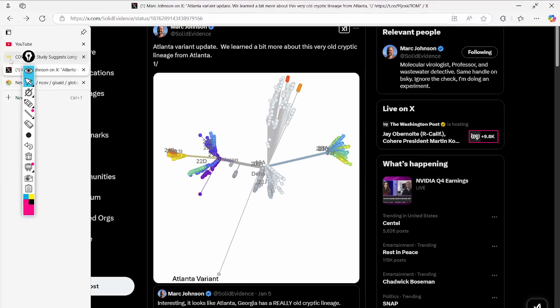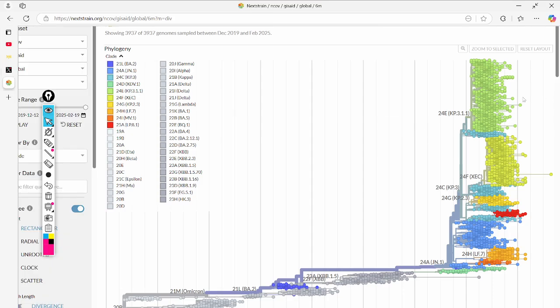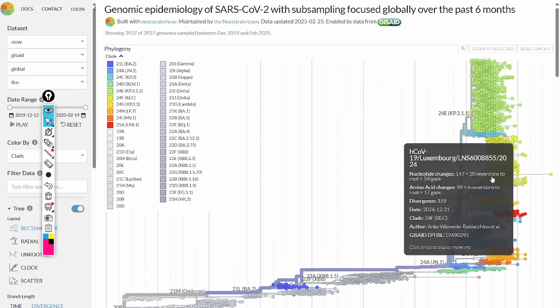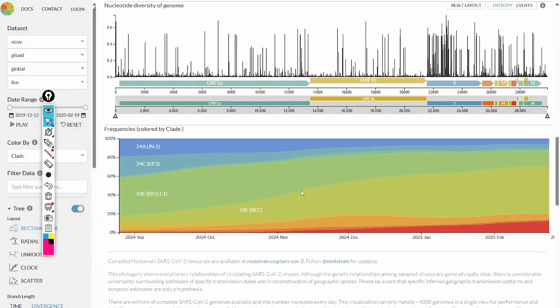So, as we go more into 2025, because we have so much evolution going on with the virus, but we haven't had a major lineage yet. Also see the world map here.